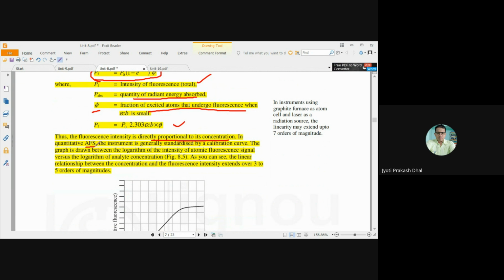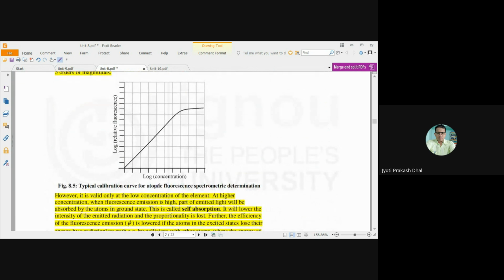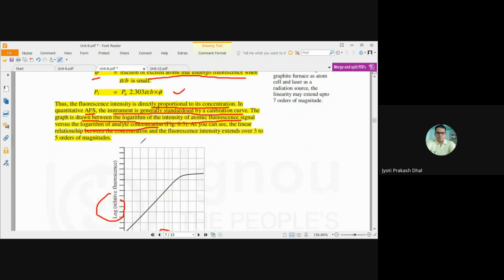In quantitative AFS, the instrument is generally standardized by a calibration curve. The graph is drawn between the logarithm of the intensity of the atomic fluorescence signal versus the logarithm of the analyte concentration. That is, the logarithm of the analyte concentration on the x-axis, and on the y-axis, the logarithm of the relative intensity of the fluorescence.